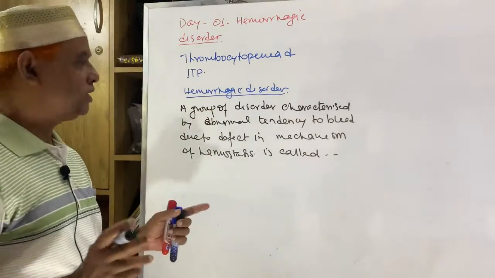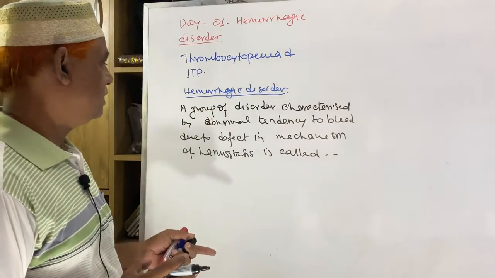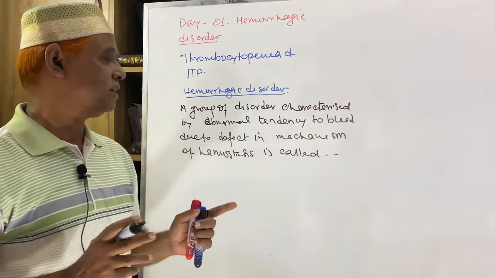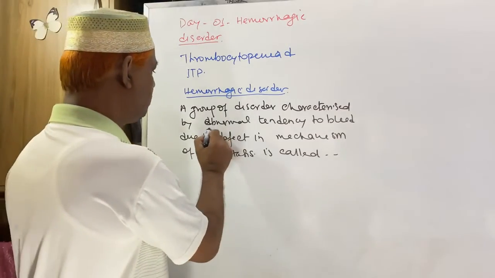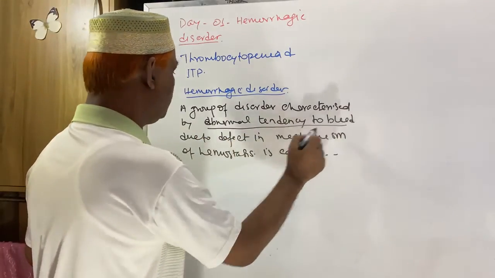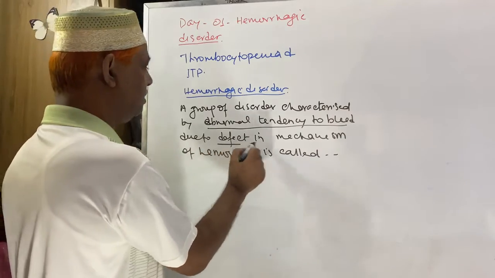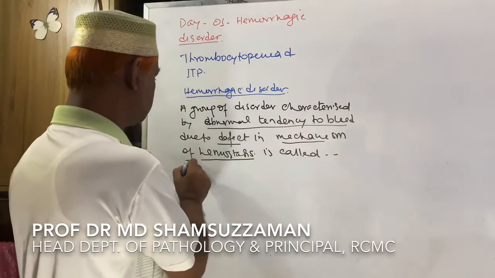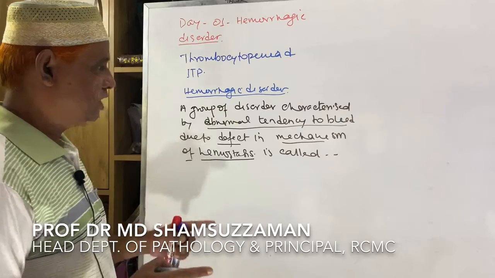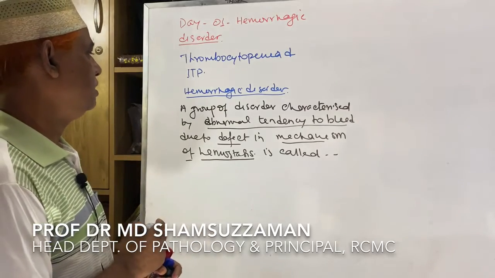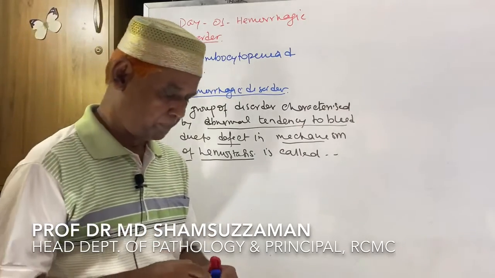Hemorrhagic disorder is a group of disorders characterized by abnormal tendency to bleed, due to defect in the hemostatic mechanism.